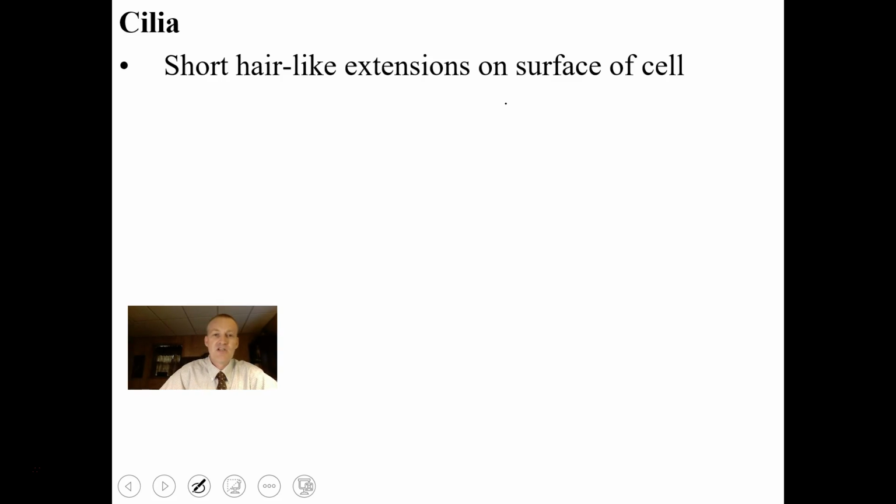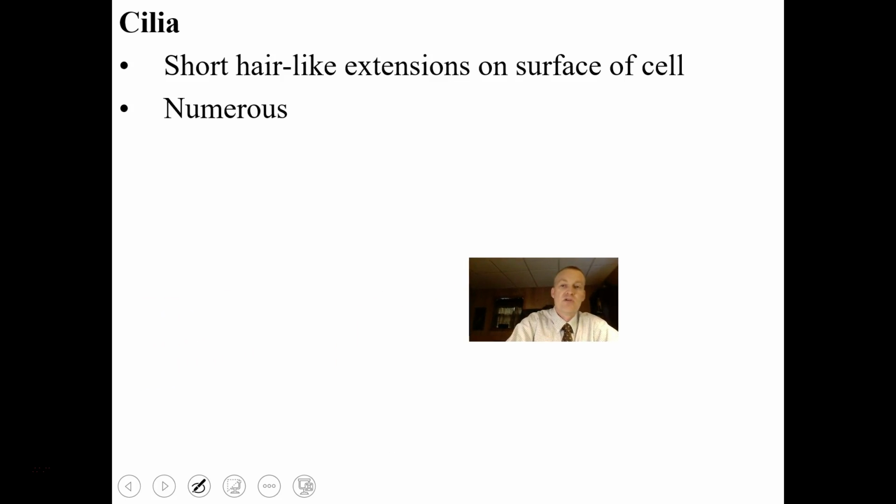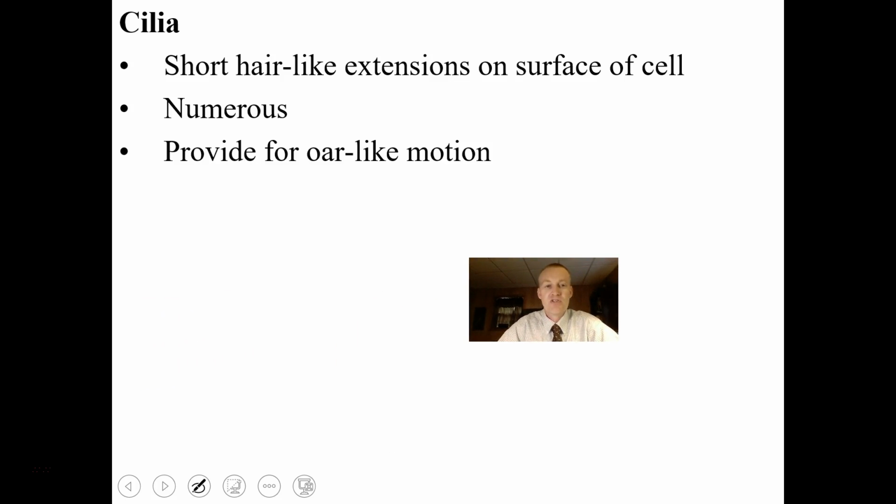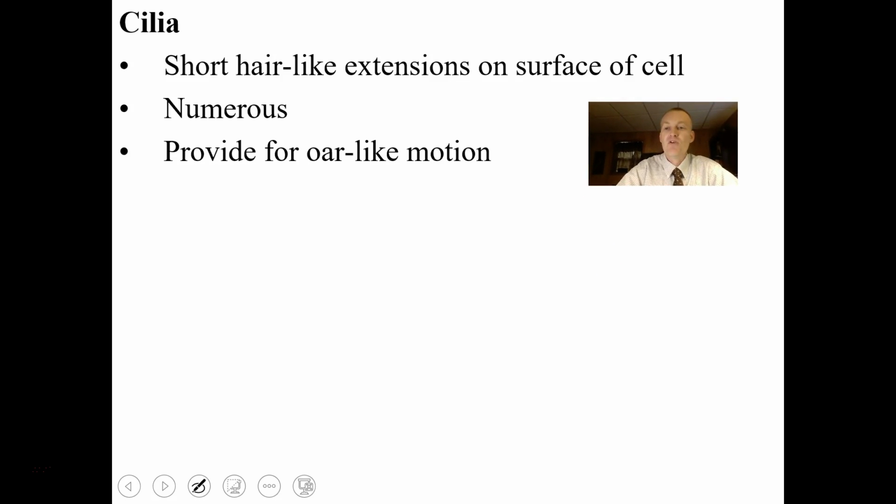Now your cilia are short hair-like extensions on the cell surface, and they're very numerous, and they provide for oar-like motion. You find cilia in places of your body like your trachea and your fallopian tubes if you're a female. So in those places the cilia help to move things.